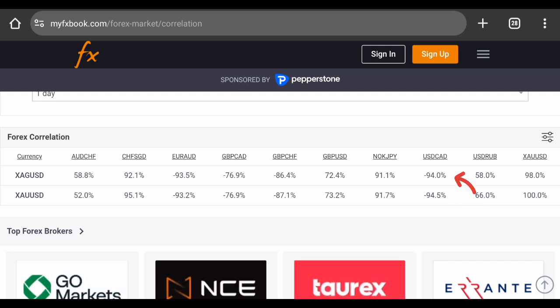The same with silver, it means that 94% of the time this currency usually closes the day in opposite direction with silver. So that is how we use these correlations, and we are going to take note of these currencies.